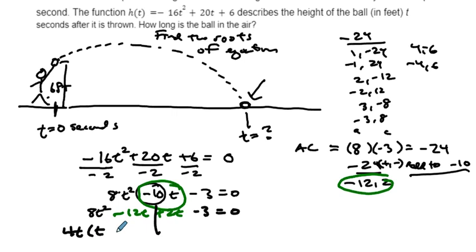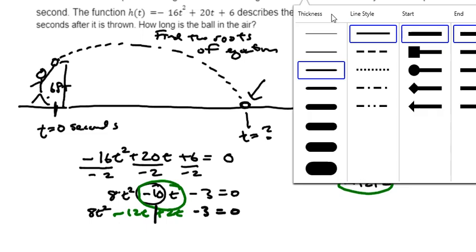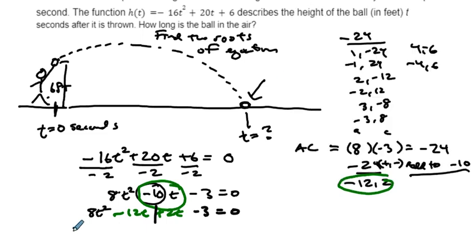Let me rewrite that. We've got 4t, which is 2t, because 2 times 4 is 8, t times t is t squared. I'm glad I was checking my work.